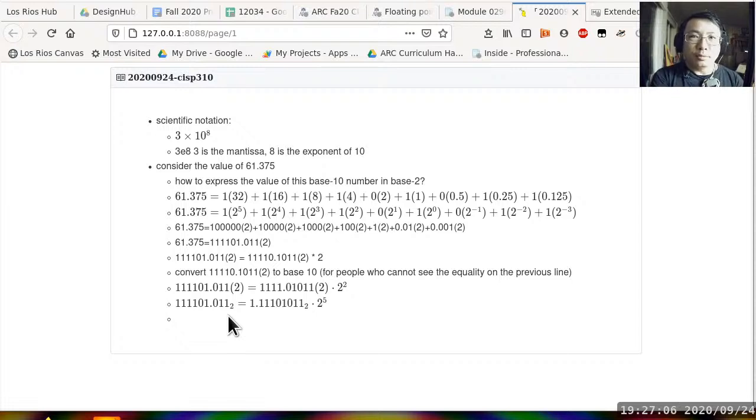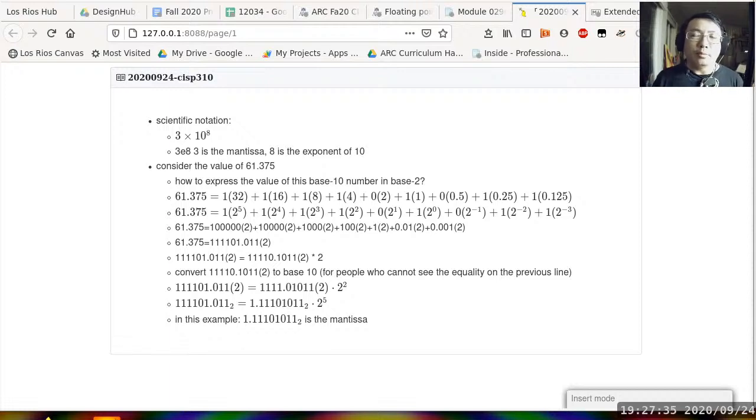So we'll look at the example that we have. I'm going to be more specific, and we'll say in this example, 1.11101011 in base 2 is the mantissa. In other words, the mantissa, in a very loose way of using that term, is referring to the coefficient.